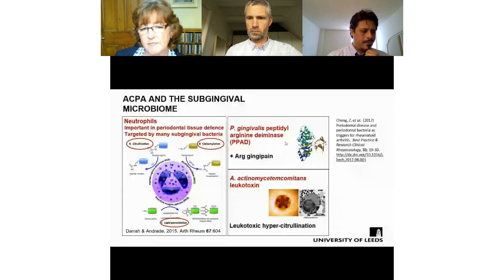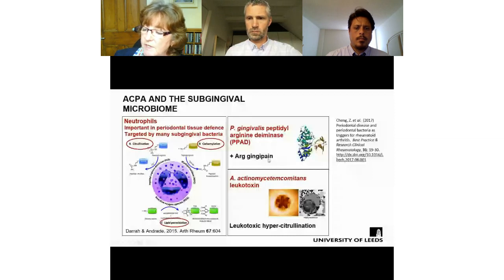There are a couple of subgingival organisms that have received an awful lot of attention because of the potential mechanistic possibilities. P. gingivalis produces its own PAD enzyme called PPAD, and it was at one point thought to be the only bacterium that does this, but there are other Porphyromonas species that have been shown to at least express the gene.